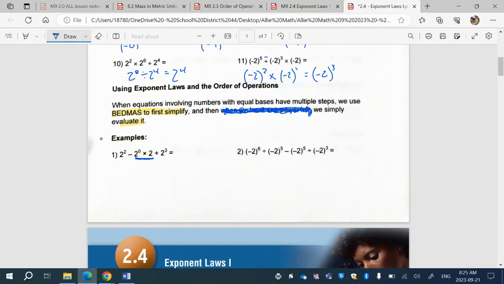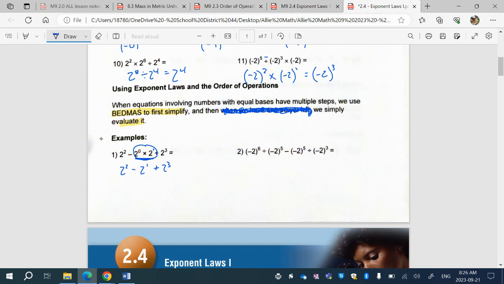So we have a 0 plus a 1. So we can have 2 to the power of 0 plus 1 is 1. So we still have our 2 squared, subtract, and we still got our plus 2 to the power of 3. But we simplified this into 2 to the power of 1.